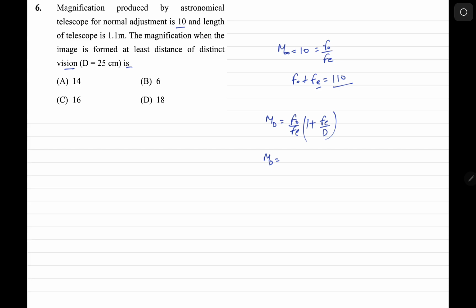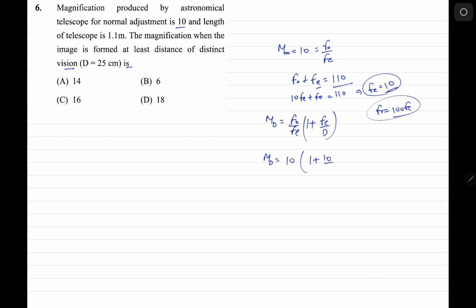If it is 10 times FE, then 10 FE plus FE is equal to 110, so 11 FE gives you FE is 10, right? So FO will be 100. We just put the value here: FO by FE is 10, times 1 plus FE by D.